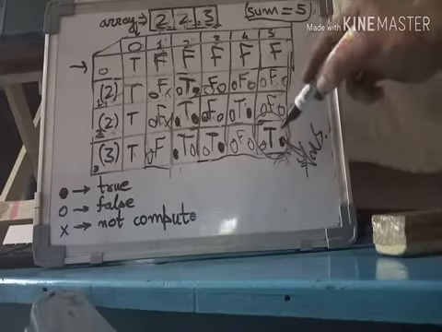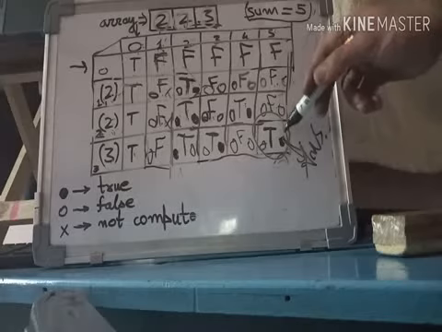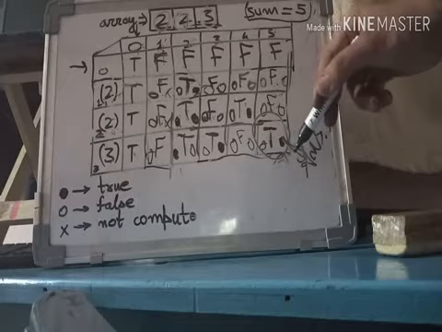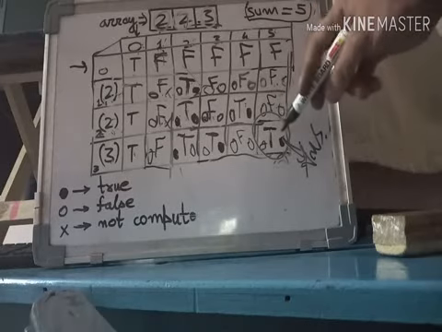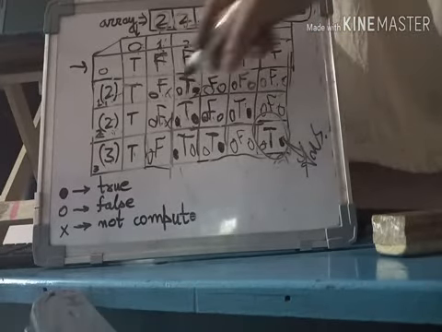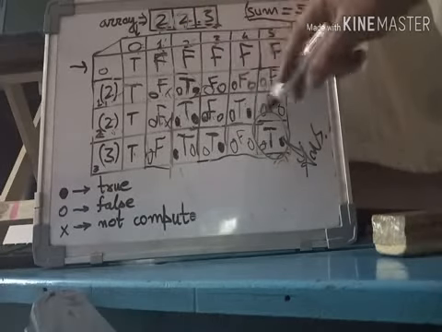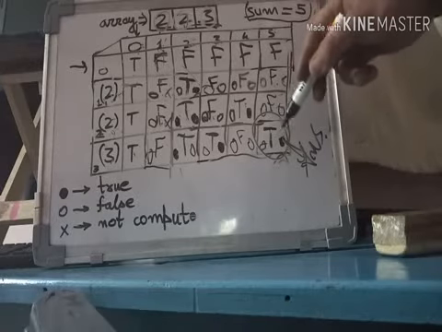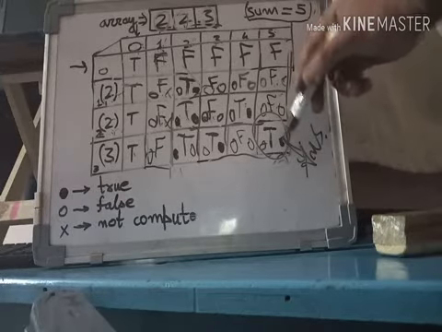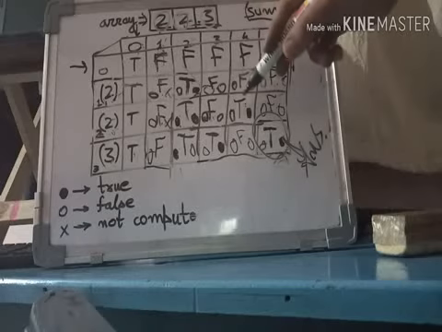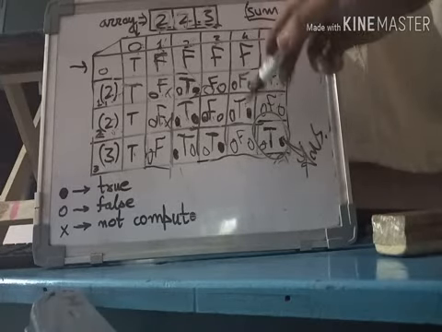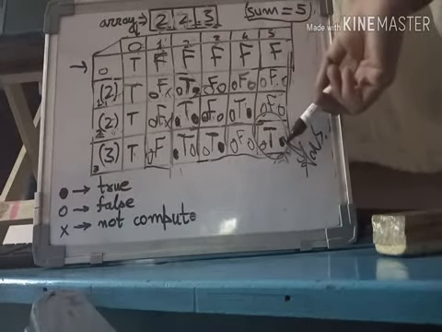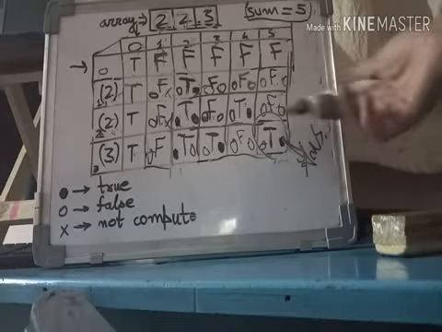If you are wondering why I have not directly computed this cell, the answer is that I will need the values of these cells also to compute this block's answer, because this is a dynamic programming approach and we need the past answers, the answers of the previously divided subproblems, to compute the next subproblem.